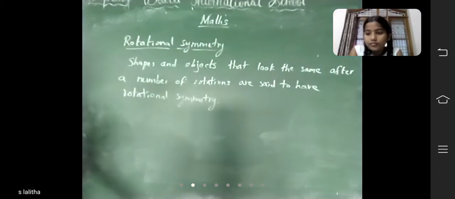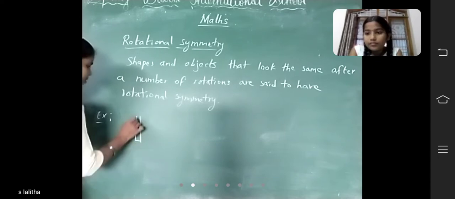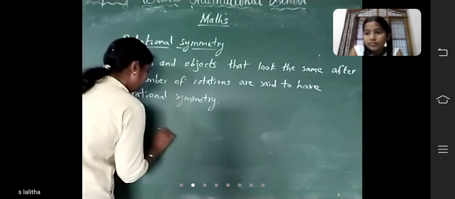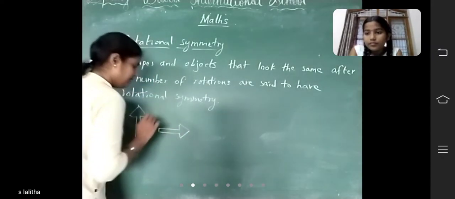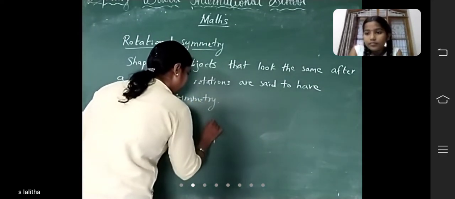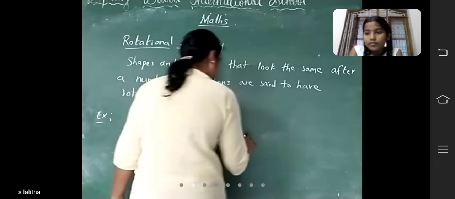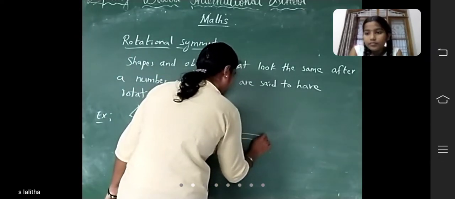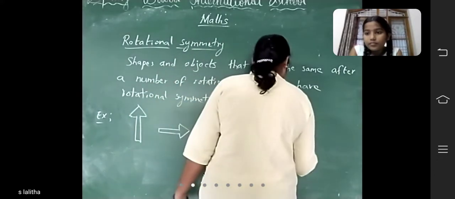Okay, children, you can write the example like this. Already we drew it. This is the original position. Now it will turn like this. This is the first turn. And next, second turn. Next, third turn.